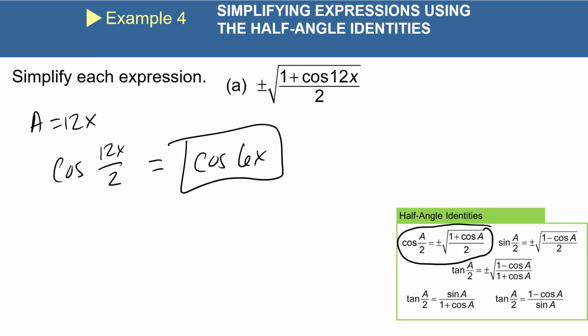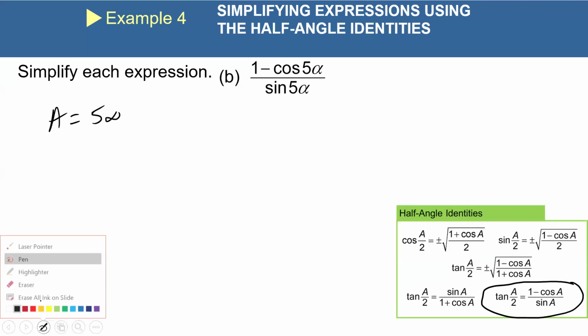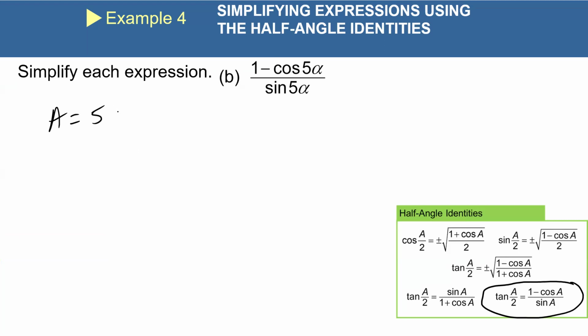Which one do I look like? Okay. All right. What about this one? Who do I look like? I look like tan a over 2. Do we see that? 1 minus cosine a divided by sine a. So your a equals 5 alpha. That's not an alpha. I wrote an infinity symbol. Let me try my a. My a is horrible. Okay.